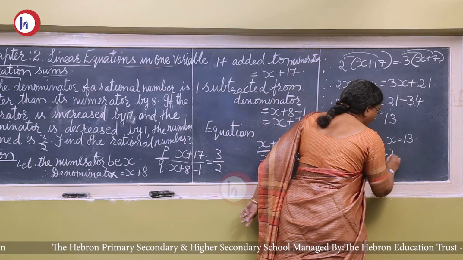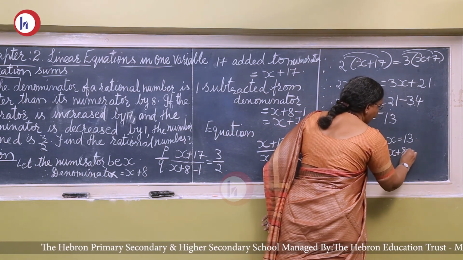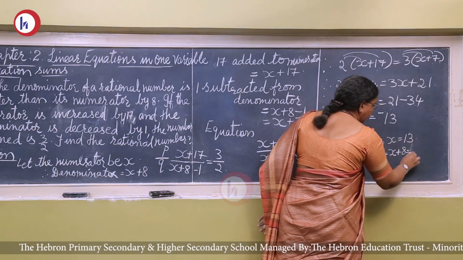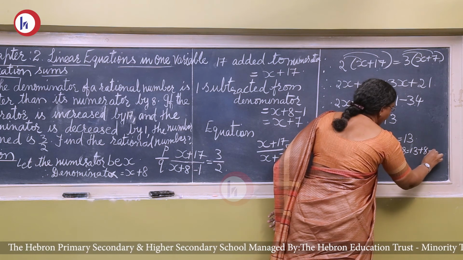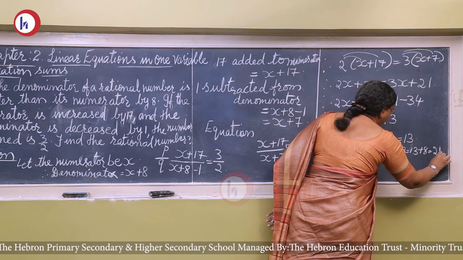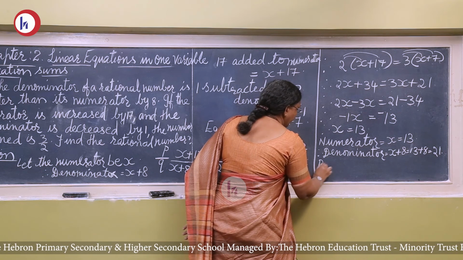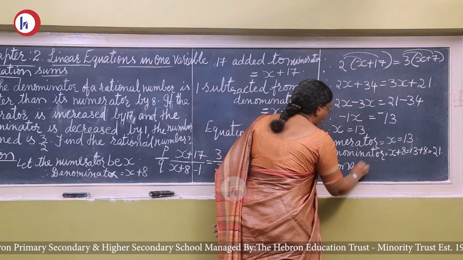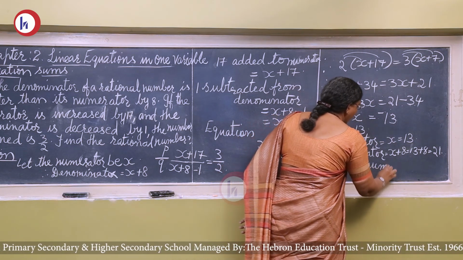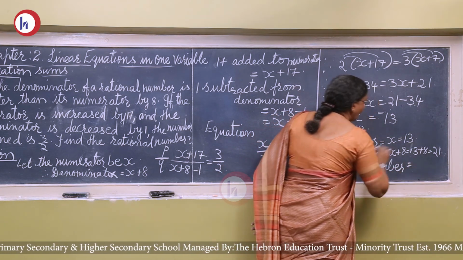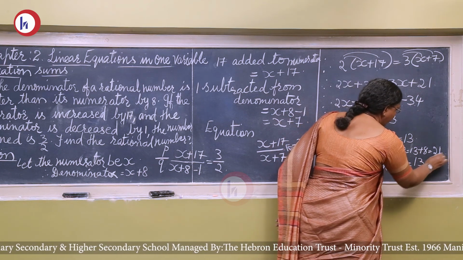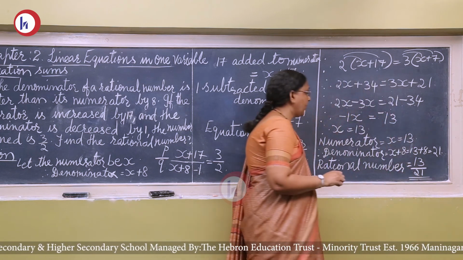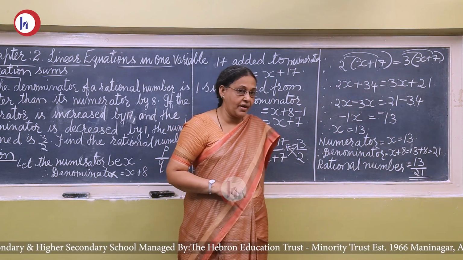So substitute the value of x: 13 plus 8 is equal to 21. Now, a rational number, as everyone knows, is in the P upon Q form. So the rational number has numerator 13 and denominator 21. Thus we get the rational number 13 upon 21.